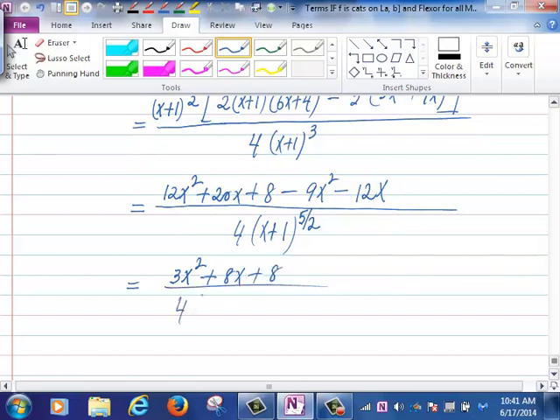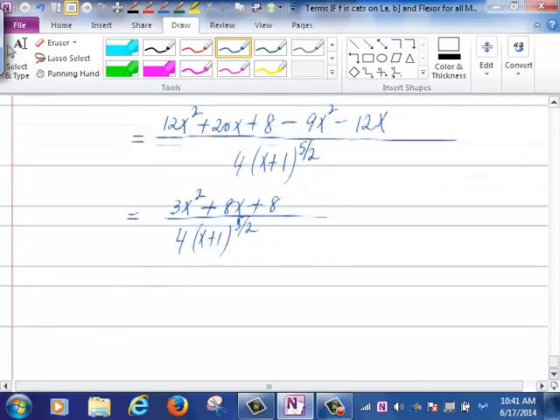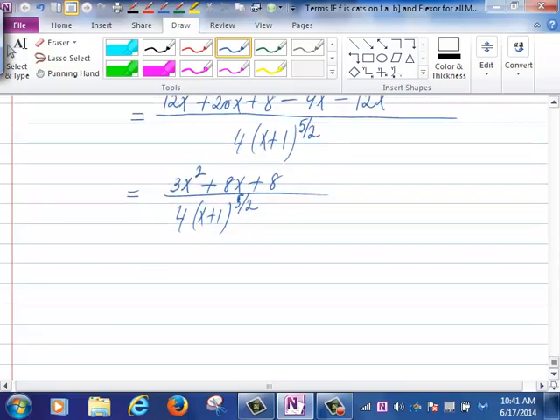And I have 4 times x plus 1 to the 5 half. Okay, so we have the derivative simplified out.